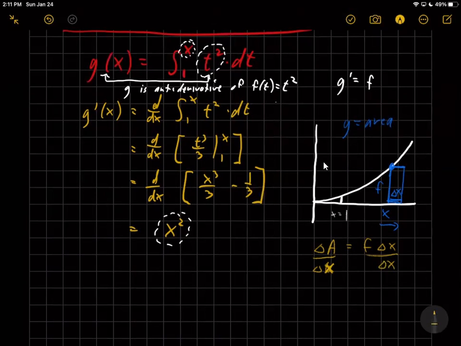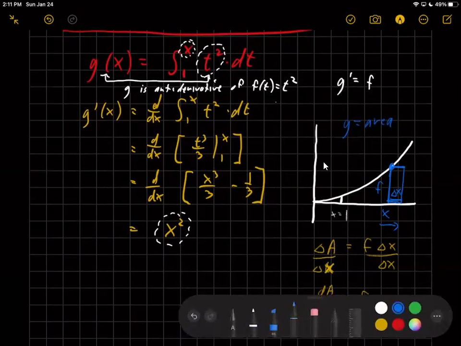If I throw in the limit as delta x goes to 0 of both sides, then I can say dA/dx, which would be dg/dx, is simply equal to the height of the function f wherever the boundary, wherever x happens to be.